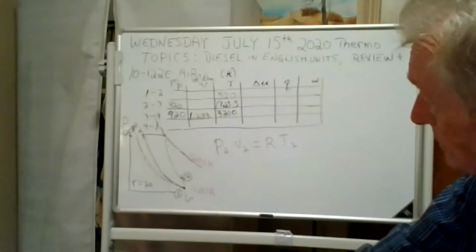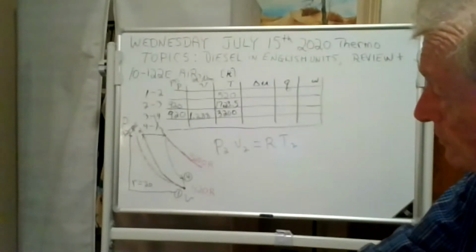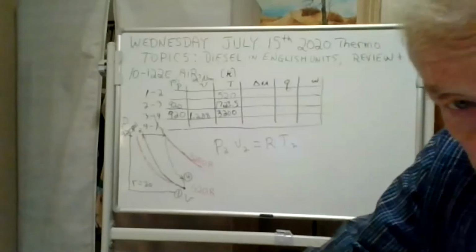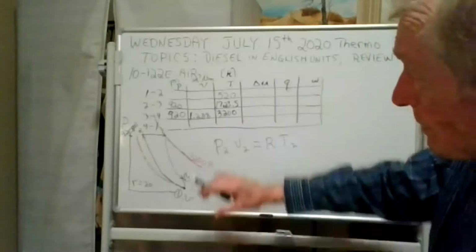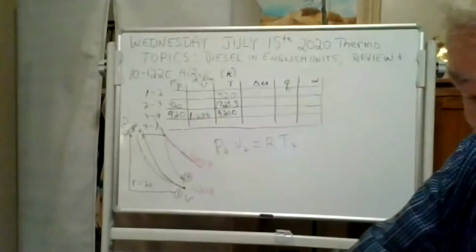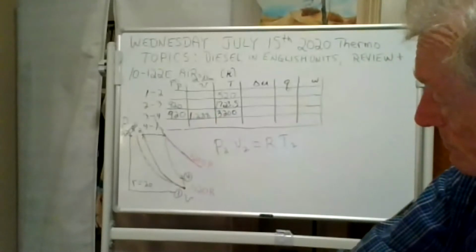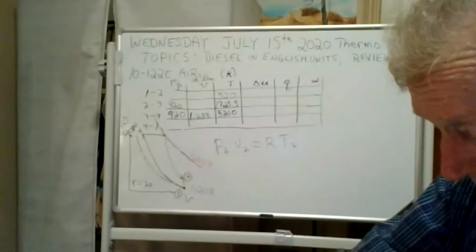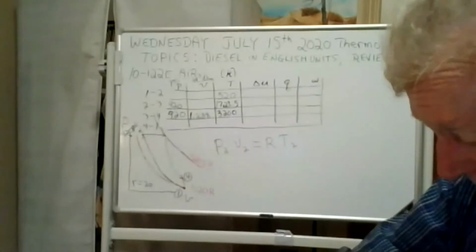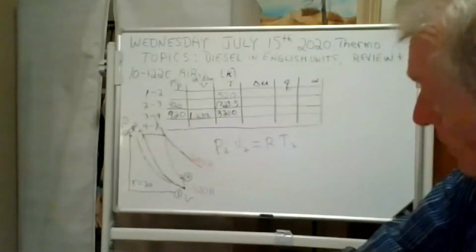Well, I got an answer. It might be right. Roxana, do you have that V2 yet? I do, but I think the answer is a little bit too high. What was R again?